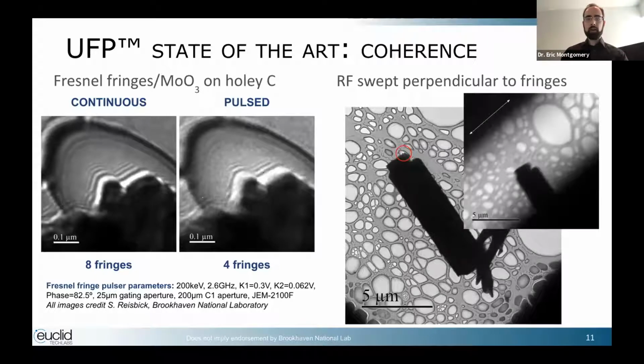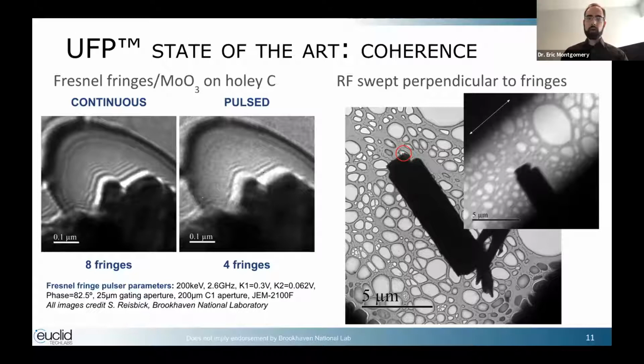And for coherence, you can see here some Fresnel fringes using a thick molybdenum trioxide sample on a holey carbon grid. Again, 200 kilovolts, 2.6 gigahertz RF. And we have 4 fringes for the pulsed image compared to 8 fringes on the continuous image. So there is a little bit of degradation of the coherence, but it's still coherent enough.